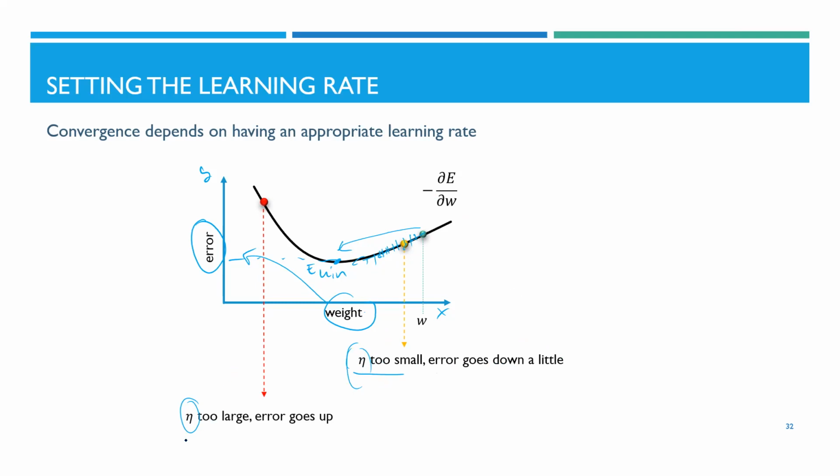However, if the learning rate is too large, maybe we miss the minimum point. For example, this is the original position, and if the rate is too large, we may jump to this point. Then in the next iteration, because the step size is very large, we go to another point. So we will miss the minimum one.